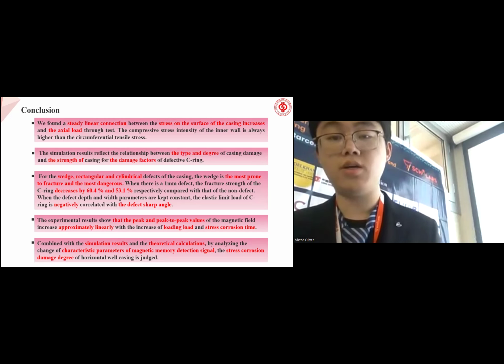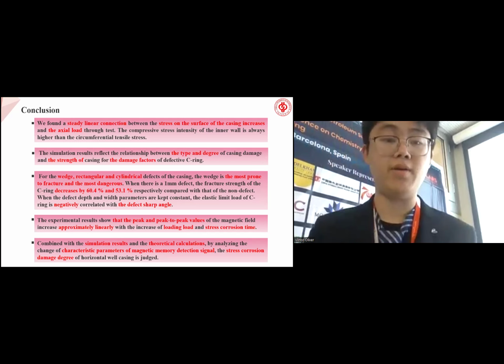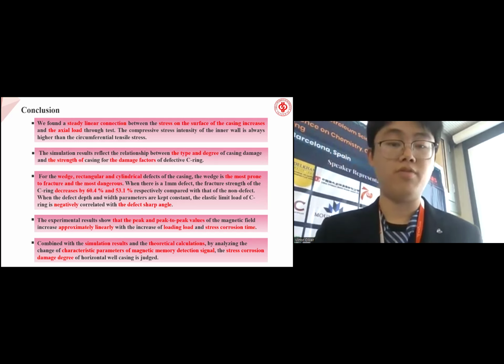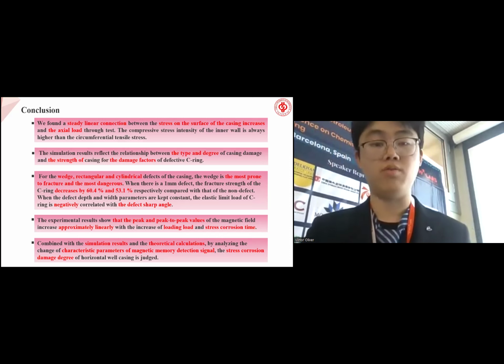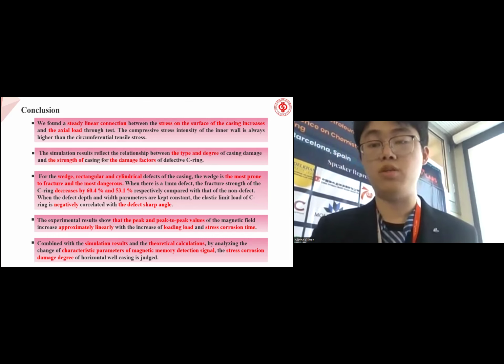When there is a 1 millimeter defect, the fracture stress of casing decreases by 16.4% and 53.1% compared with that of no defects.